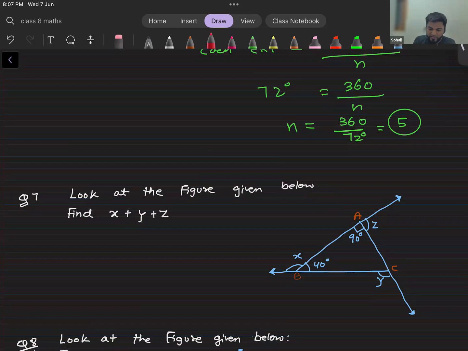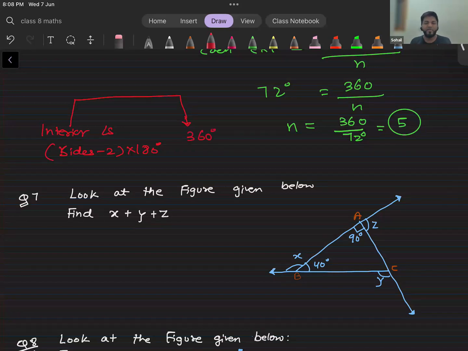For interior angles of a polygon, we take the number of sides minus 2, multiplied by 180-degree. This is the general form to find the sum of interior angles of a polygon. And you know that the sum of the exterior angles of any given polygon is 360-degree. Whether there are 3, 4, 5, or 6 exterior angles, if you add all of them, you get 360-degree.